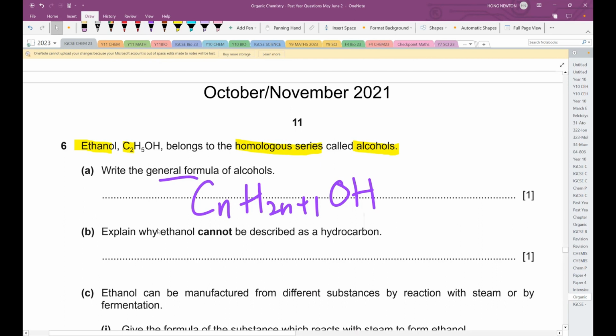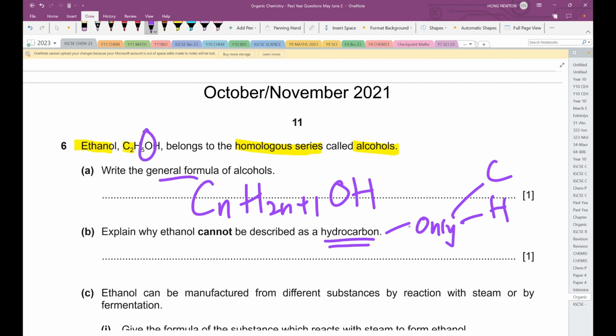Okay, next. Question number 2. Explain why ethanol cannot be described as a hydrocarbon. Just now teacher already explained at length about hydrocarbon. Hydrocarbon only has what? Only hydrogen and carbon. That's why we call it hydrocarbon. This one has what?